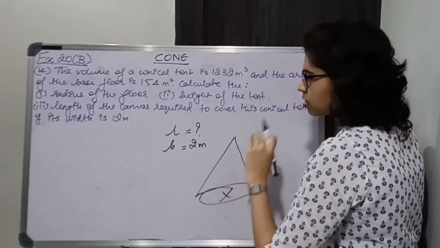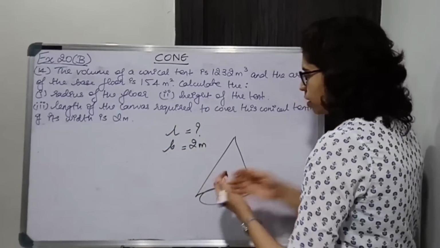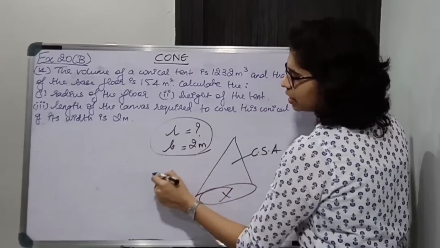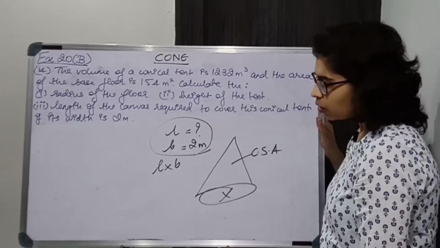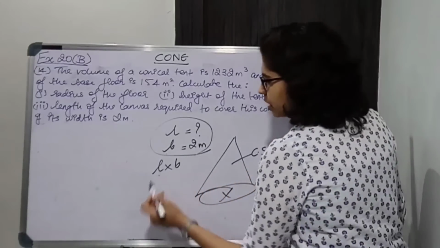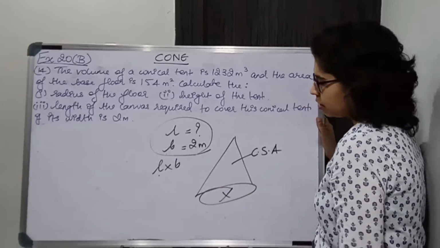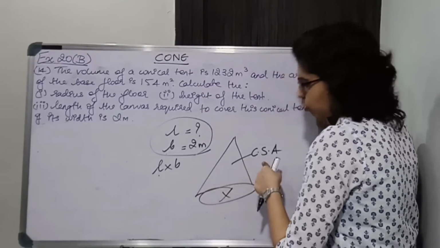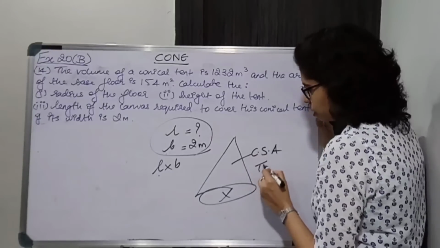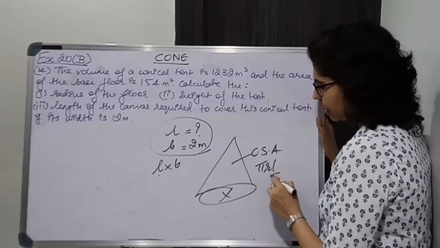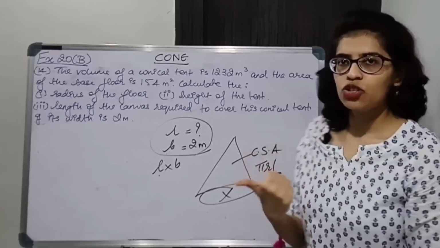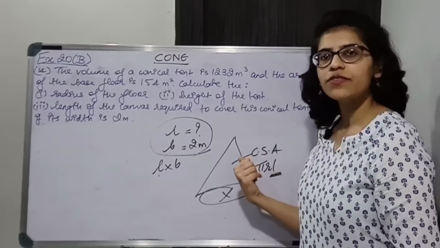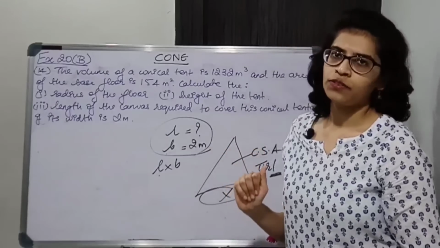So the CSA, that is curved surface area, is equal to the area of the canvas, that is L into B. Curved surface area is pi RL. So for that we need to know L. We know H, we know R, so we can easily find L. Then we'll find the curved surface area and then we'll get the length of this canvas.